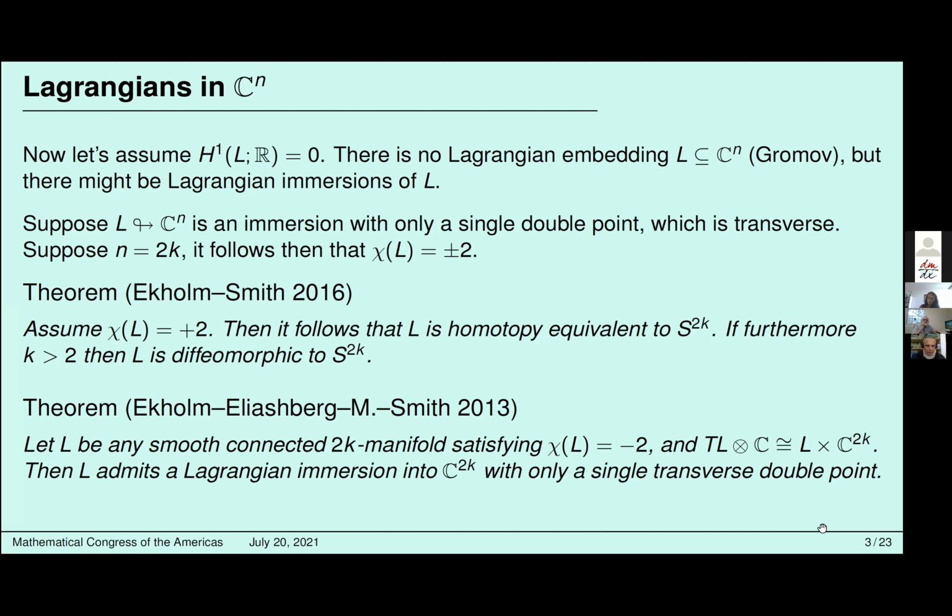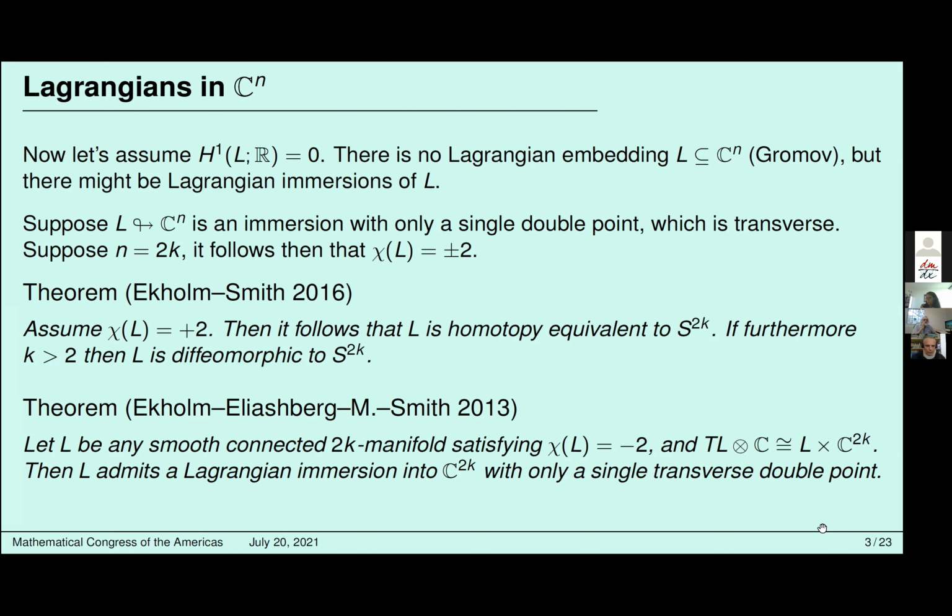This is clearly a necessary condition, but that's all we need. We can be any manifold. Just the tangent bundle needs to be trivial. And then there's this Lagrangian immersion.